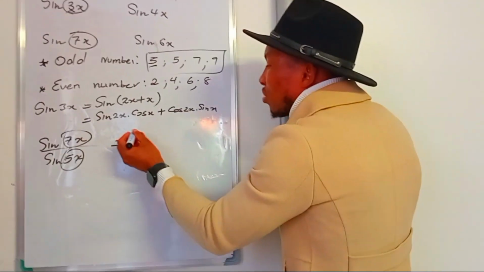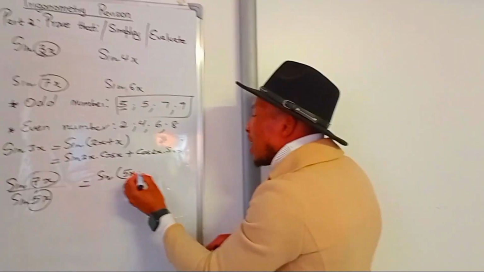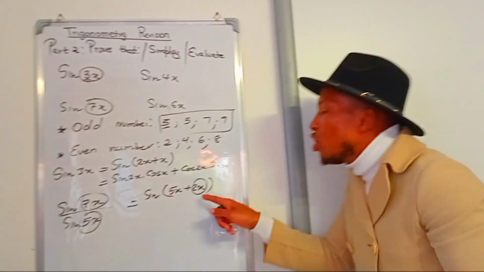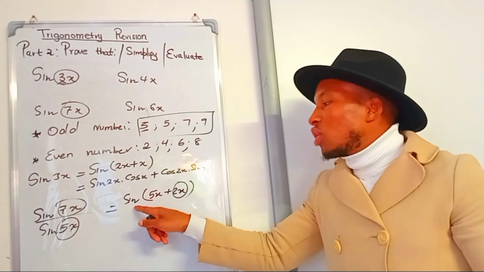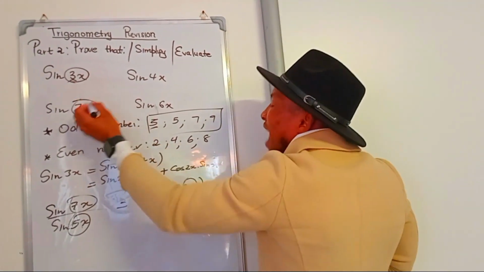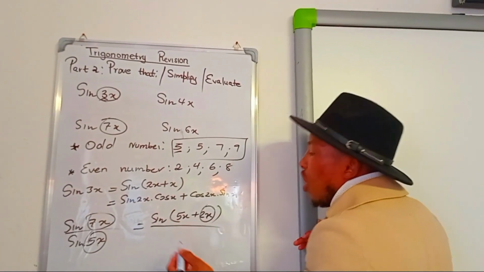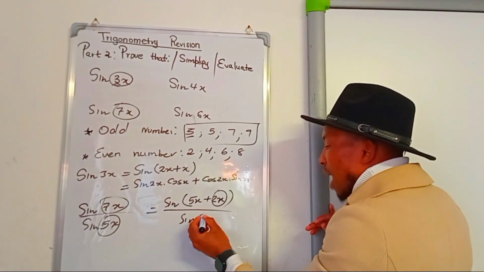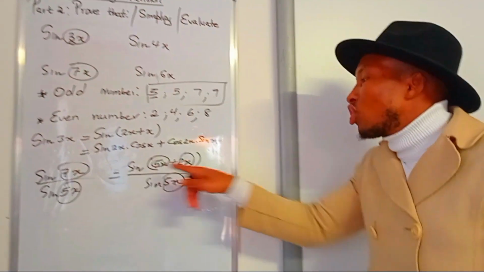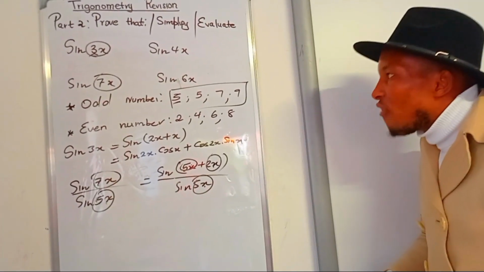Like this one, we have sine of 5x plus 2x. Why plus 2x? Because 2x is the double angle. That means we try to solve this angle by putting a double angle inside, over sine 5x. Now we've got a common angle, so you can do your stuff.